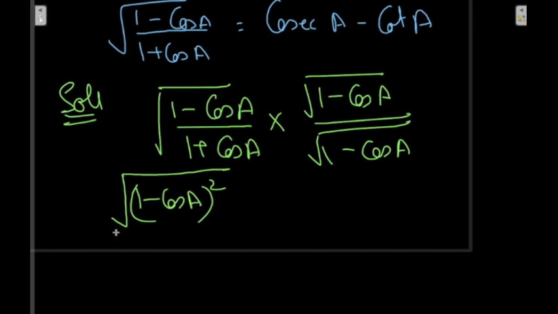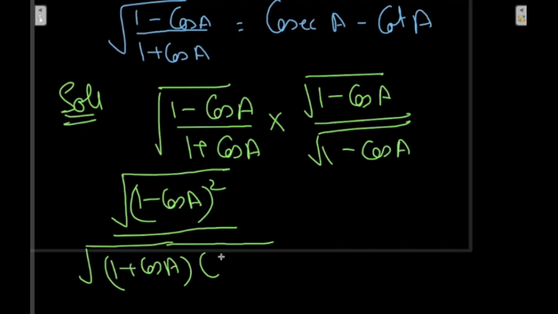I'm just doing an extra step. And the denominator becomes like x plus a into x minus a, so there is no harm in writing one step. So it becomes under root 1 plus cos a into 1 minus cos a, right?